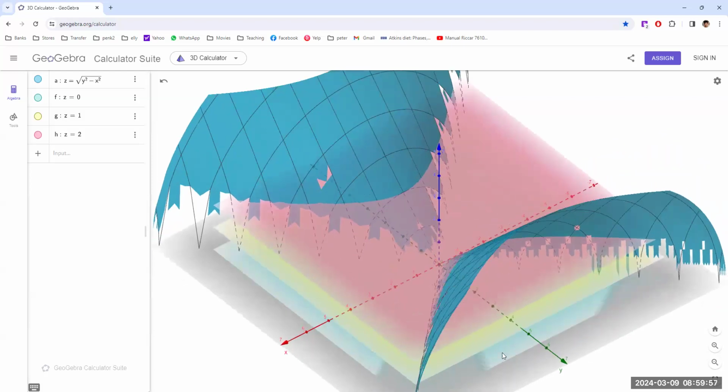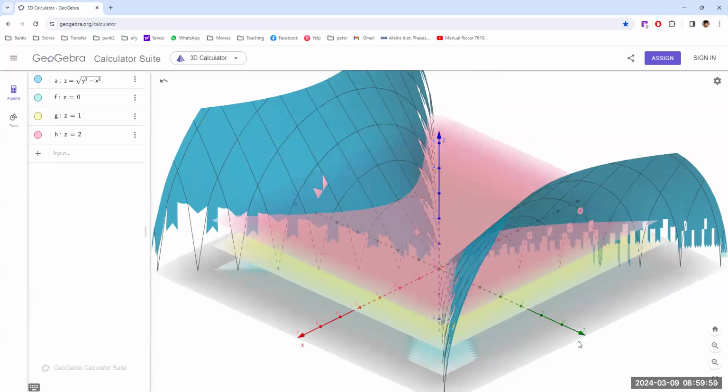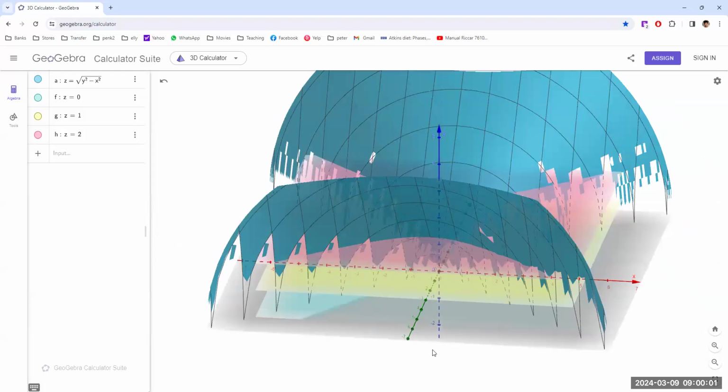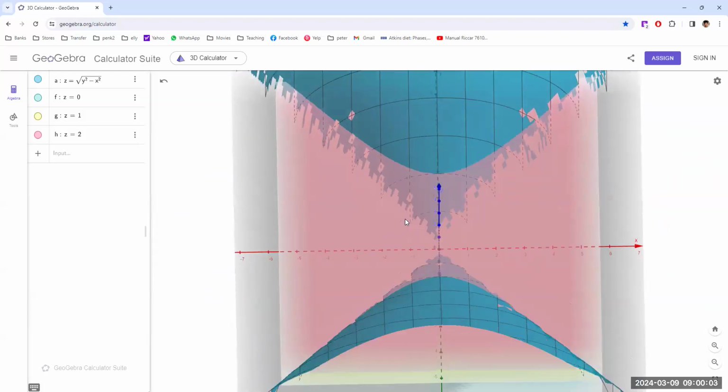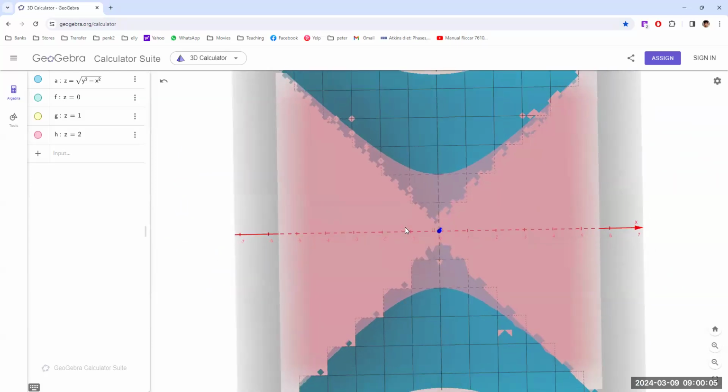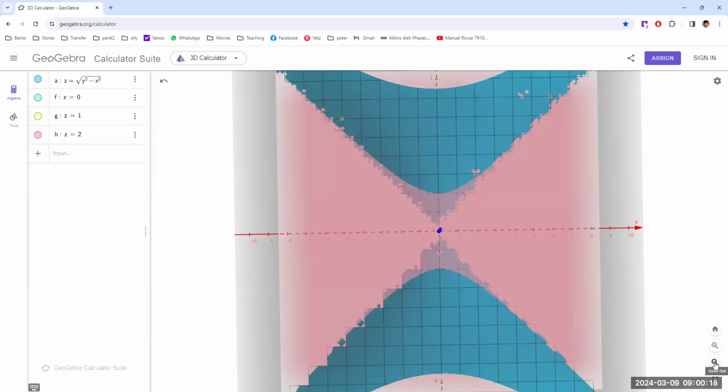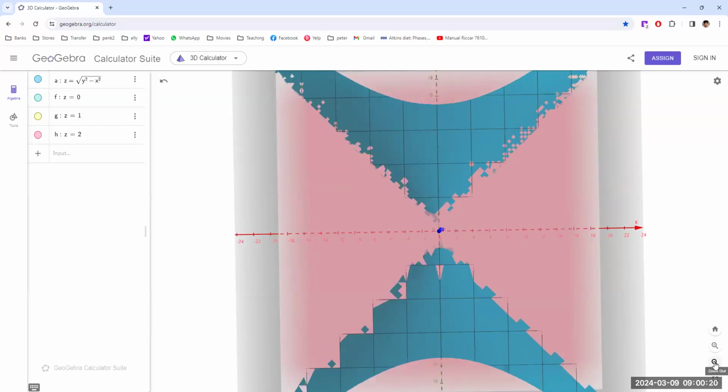Then if I see it from above, this is what it looks like. So you see the lines x equals y and x equals negative y. It's not really nice, huh?